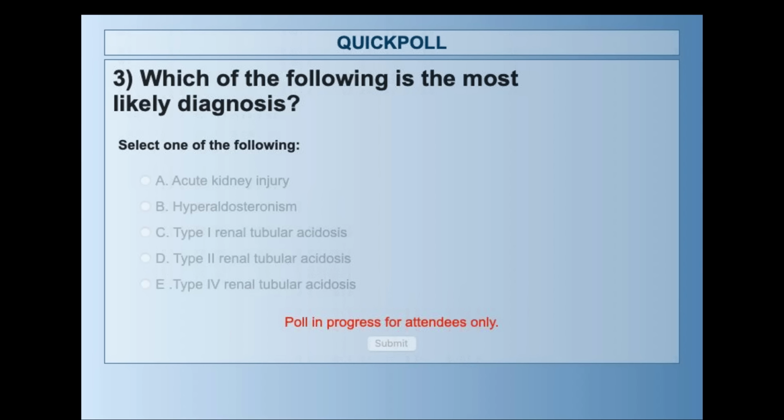Kind of a classic renal setup here, so hopefully you're all warmed up by this point of the night. Okay, almost half of you have cast your vote. I'll give you a little bit more time to make your selection.